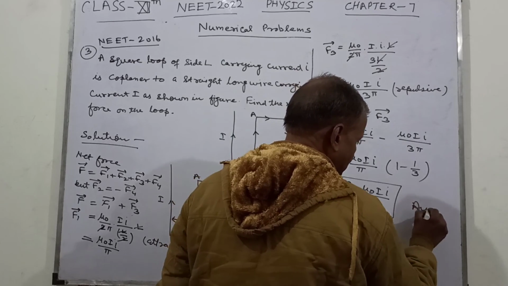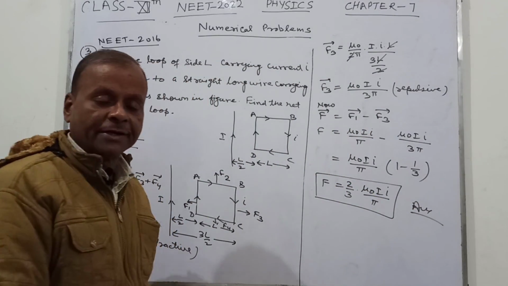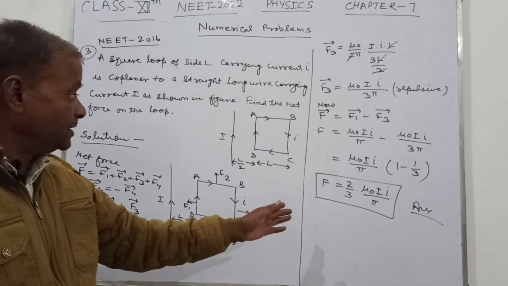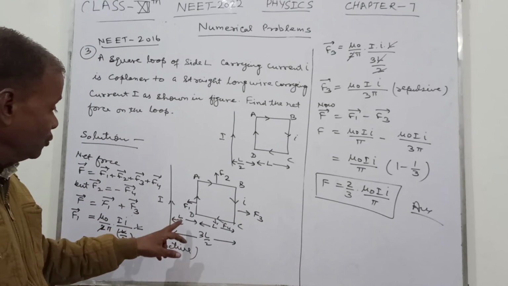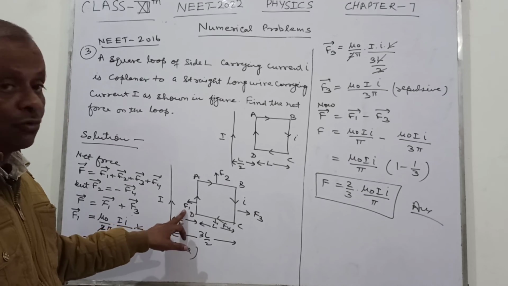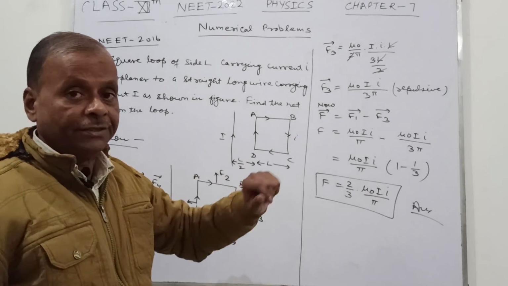This is the answer. तो नेट फोर्स कितना काम करेगा उसको लोगे. अब ये नेट फोर्स डायरेक्शन क्या होगी, वो टुवर्ड्स दिस स्ट्रेट वायर, क्योंकि ये जो फोर्स है F1 दैट इज मोर देन F3.